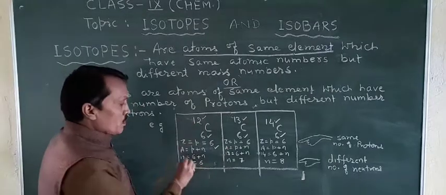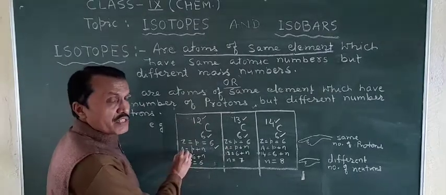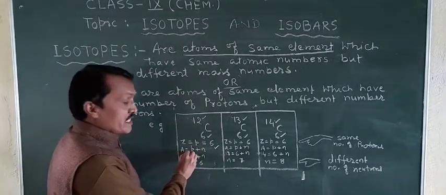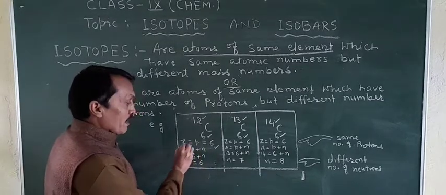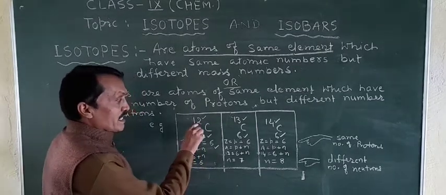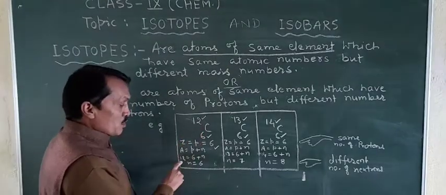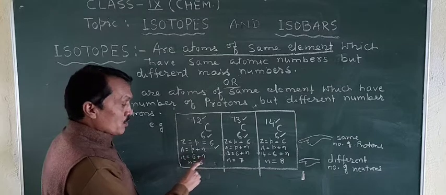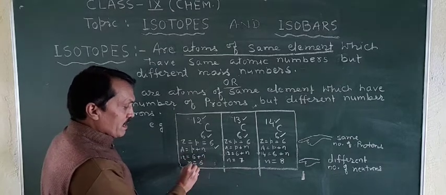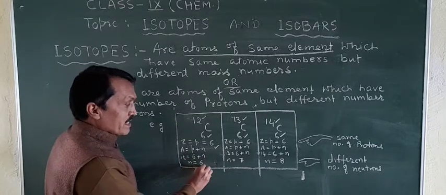Now also you know A, which is mass number, and mass number is equal to P plus N. So the value of mass number is 12 in this case. Number of protons is 6 and neutrons, when I calculated, I found 6.